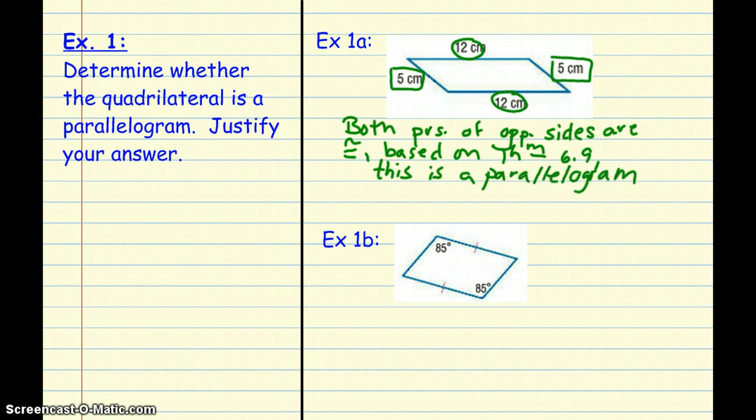Again, we have to be told that both pairs of opposite either sides or angles have to be congruent in order for that to be the case. So with that being said, let's take a look at example 1b.